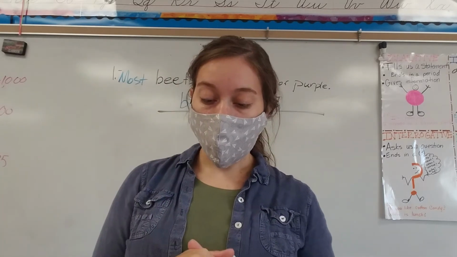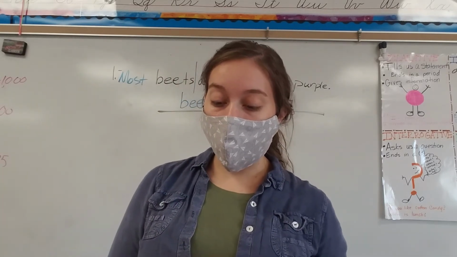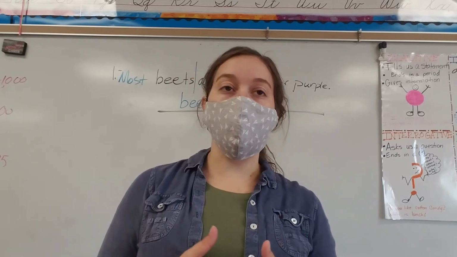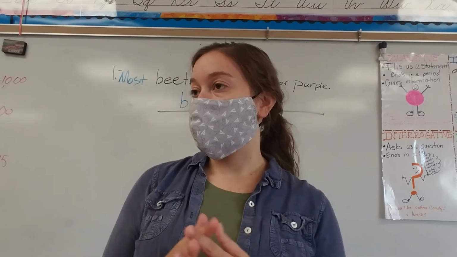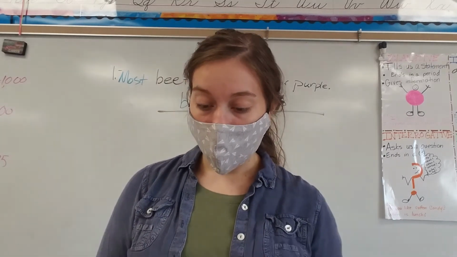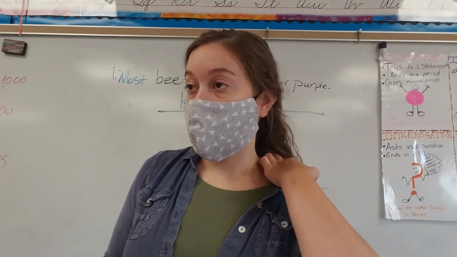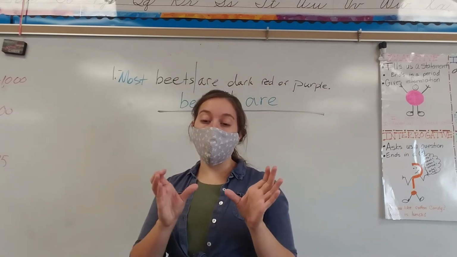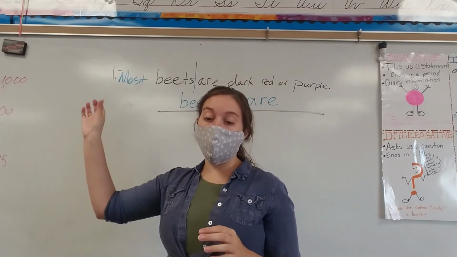Number 4. These plants like rain and sunshine. Where does my line need to go? Where do I divide it? Boyleanne. Between plants and like. Good. These plants like rain and sunshine.